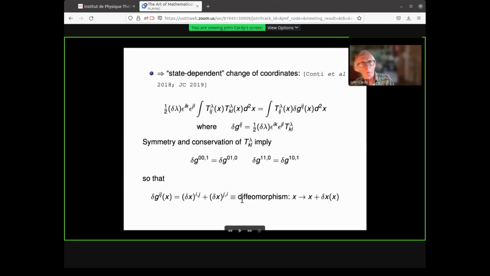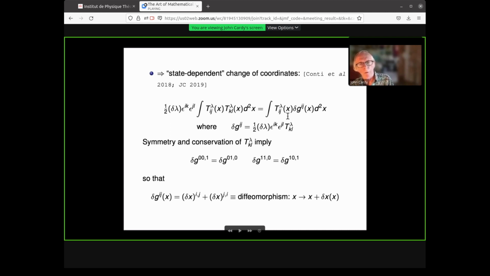And the way that we see this is that if we just write this product of the 2 stress tensors as the stress tensor times an object which we call delta G, you see this form here has the form of the response of the action to an infinitesimal change of the metric, because that is just the definition of T.